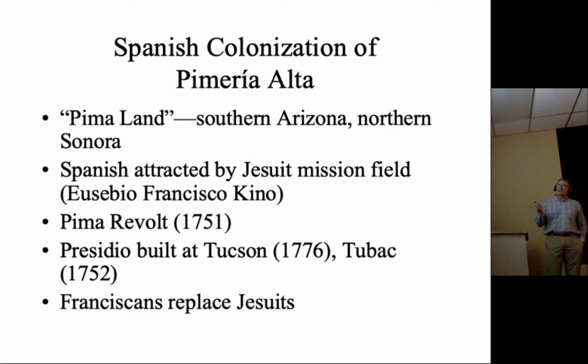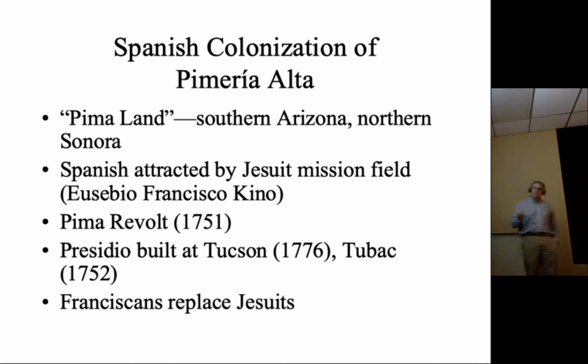The Pimería Alta was the land of the Pima Indians, and this was largely along the Gila River Valley in southern Arizona today, and this was an area that was attractive to the Jesuits. The Jesuits arrived there and established their mission operations.